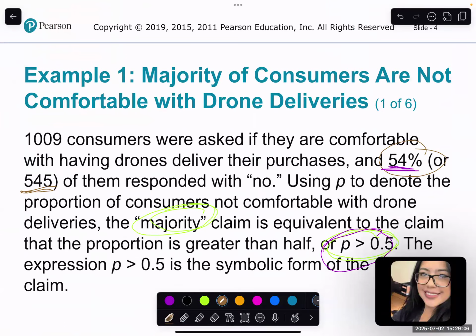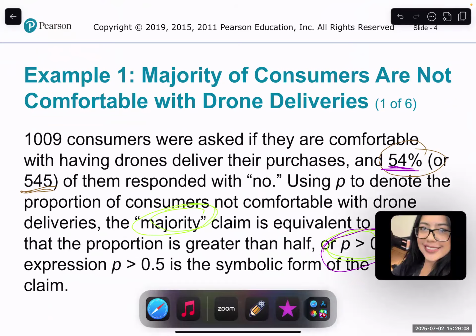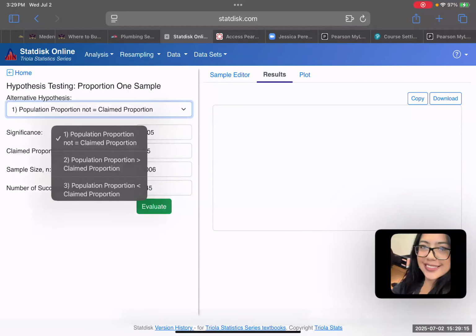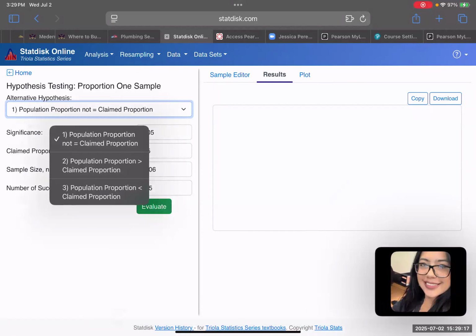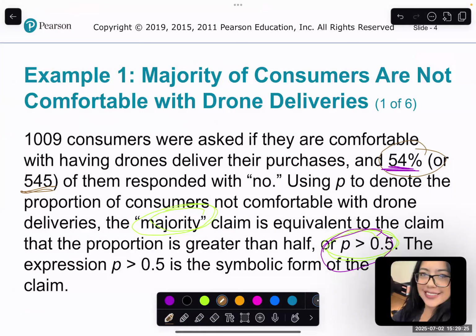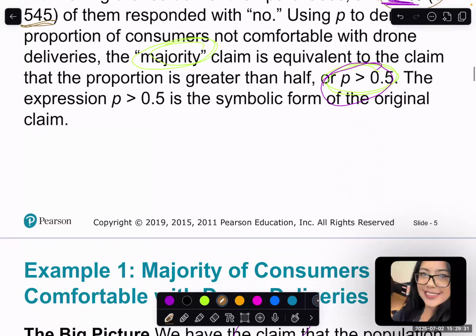In this case, it was 545. So this is 545. In here, we're going to talk about the alternative hypotheses. So here it was when P is greater than 0.5.